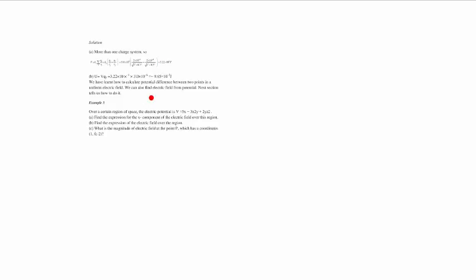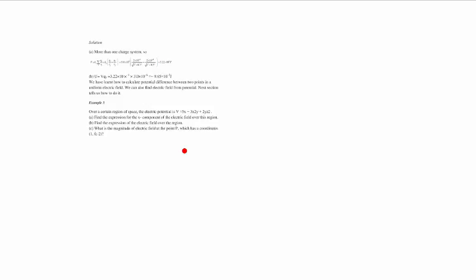Okay. Now let's look at another fundamental subtopic before we move on to the example. Okay, so it is about obtaining the value of the electric field. We know that the electric field usually deals with displacement and it is a vector. Okay, 3 directions, x, y, and z.